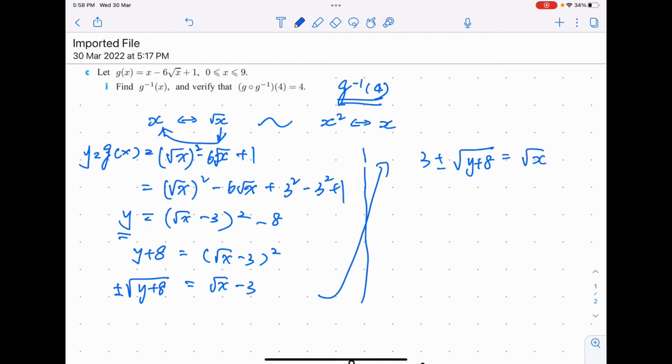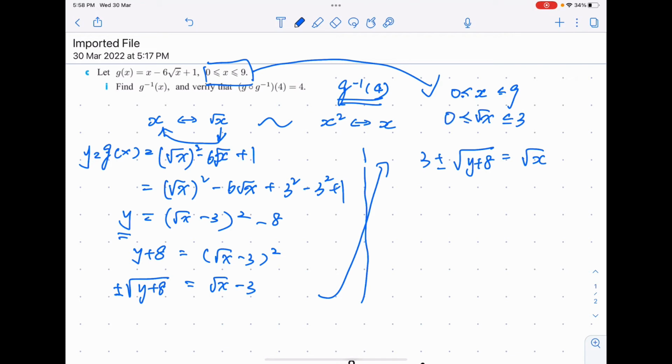Now, here, the domain of x becomes quite helpful, because x is between 0 and 9, so square root of x would definitely be between 0 and 3, right? So this number needs to be between 0 and 3, which means that 3 cannot be added to another positive number, because the square root of y plus 8 will definitely be a positive number, right?